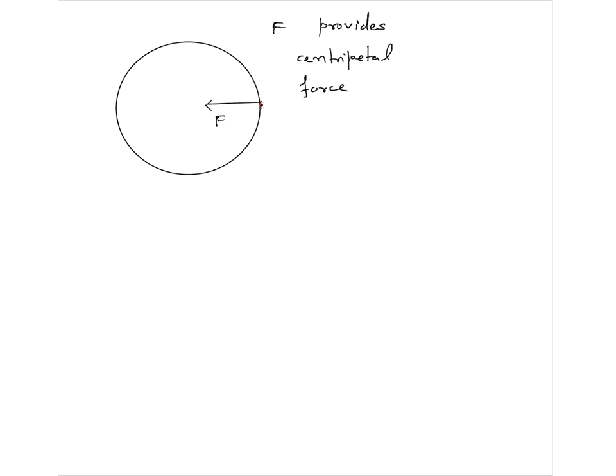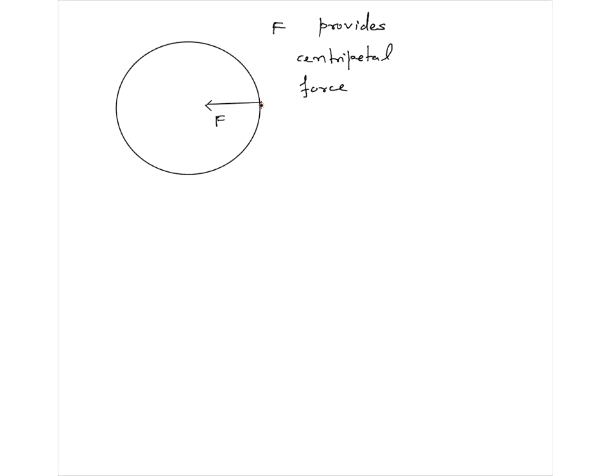If we talk about uniform circular motion, in which speed does not change, then the acceleration is towards the center. This is for uniform circular motion.